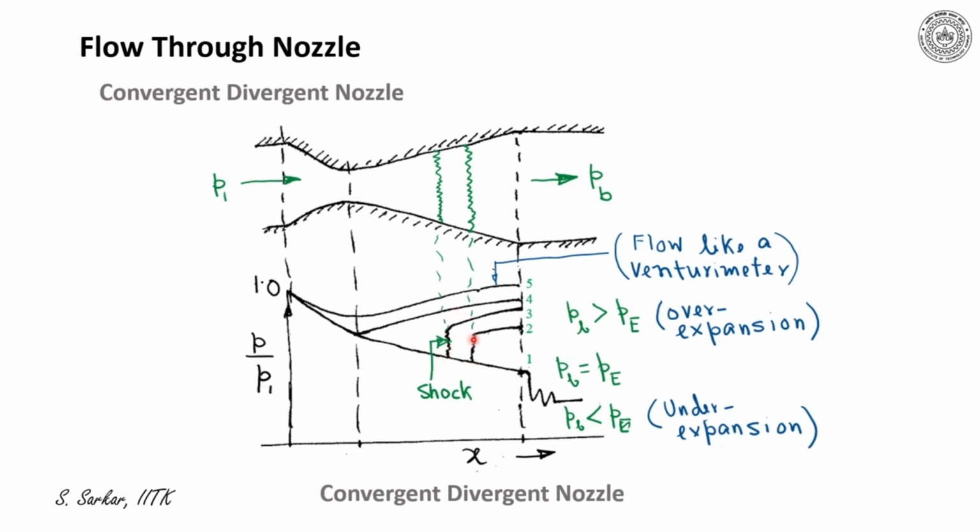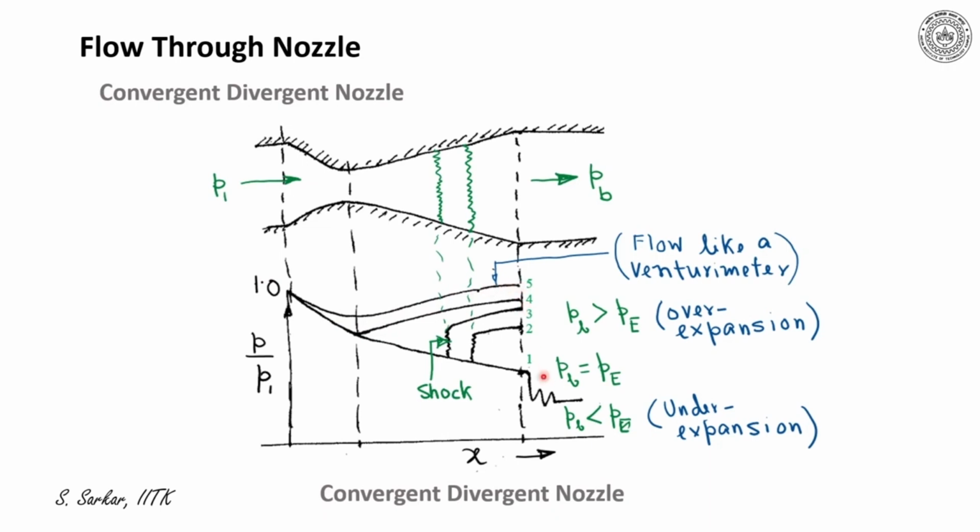Now for a situation when the back pressure is much higher than PE, indicated by P5 here, then even the flow within the divergent nozzle will be like a venturimeter. That means the pressure would increase in the divergent part and the flow will be subsonic throughout.